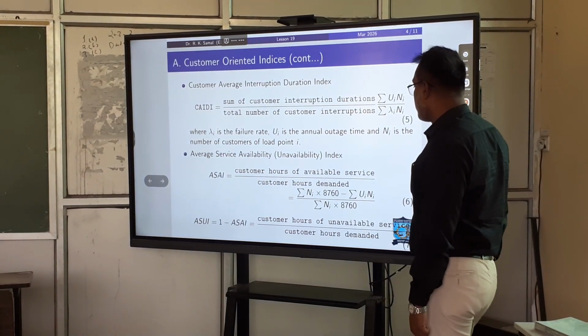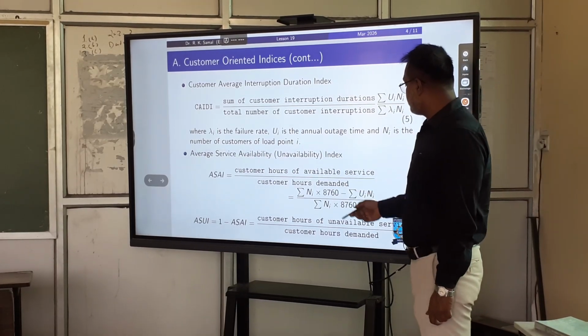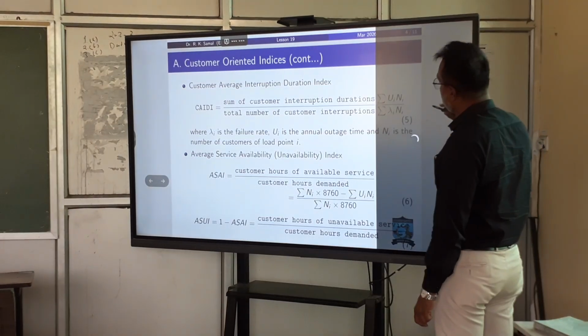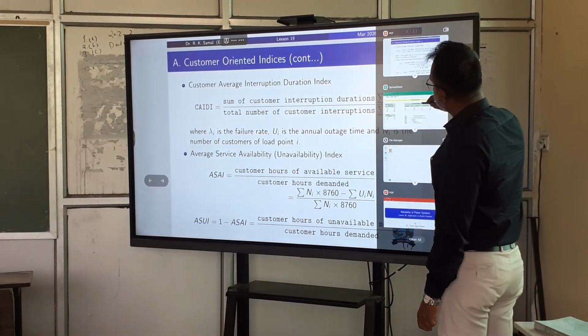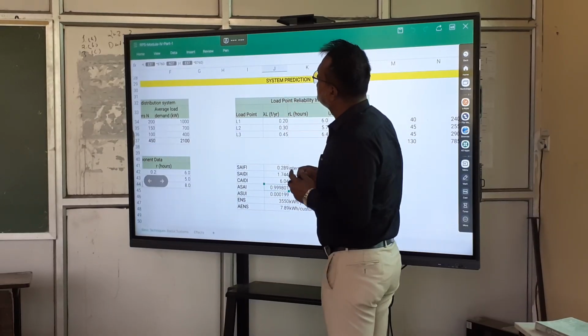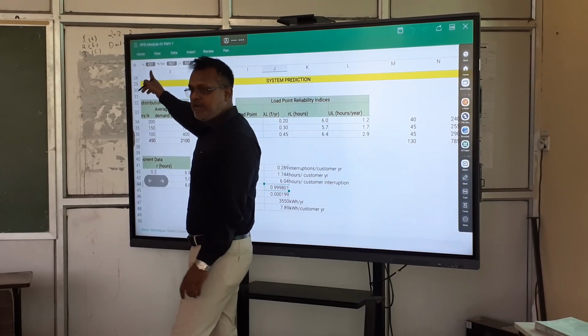Customer hours available to service divided by customer hours demanded. Total customers summation EY NI by NI. So we have to get it from the Excel. You see here, D37 is the total number of customers. 450 into 860.